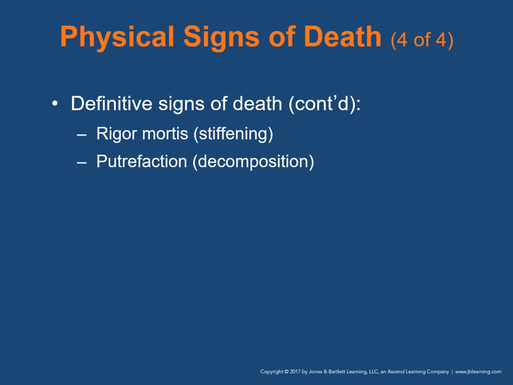Other definitive signs of death include rigor mortis, which is the stiffening of body muscles caused by chemical changes within muscle tissue, and that typically occurs between 2 to 12 hours after death. And putrefaction, which is obvious decomposition of body tissues, which, depending on temperature conditions, occurs between 40 to 96 hours after death.